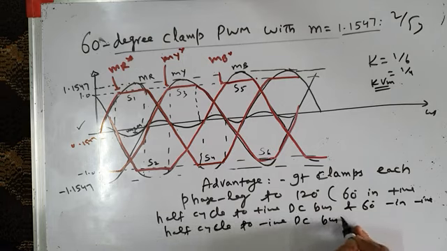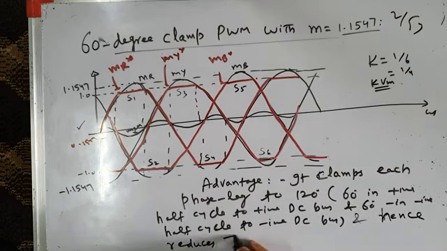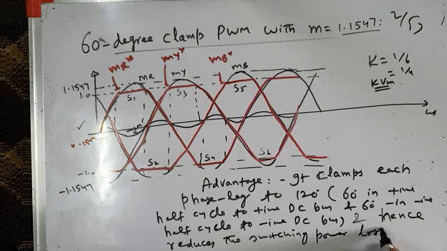So that makes 60 plus 60, total clamping 120 degrees, and hence reduces the switching power loss. Since bus clamping is achieved, switching power loss is reduced. So that increases the inverter efficiency.